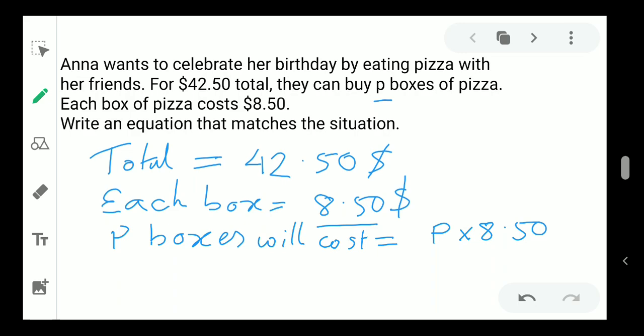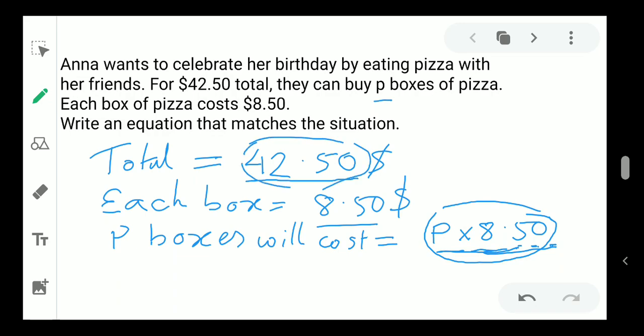Write an equation that matches the situation. That means we have to write one condition that can represent this whole incident. The total money I will be spending on pizza should match my total money, which is already told.